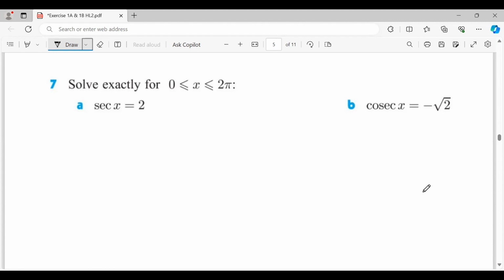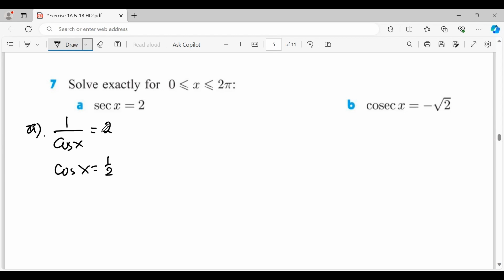If secant x equals 2, it means 1 over cosine x equals 2, so cosine x equals half, the reciprocal of this number.